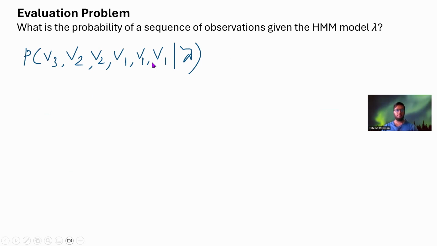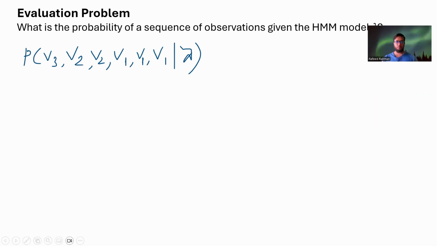Maybe you have tested this patient each month for 6 months. In month one, we observe V3, that means high ctDNA. Then in month two, V2, month three, V2, month four, V1, and so on. So what is the probability of getting this observation sequence given lambda, the HMM model itself, meaning those probability values and all of those things? This is the problem we are going to try and solve first.